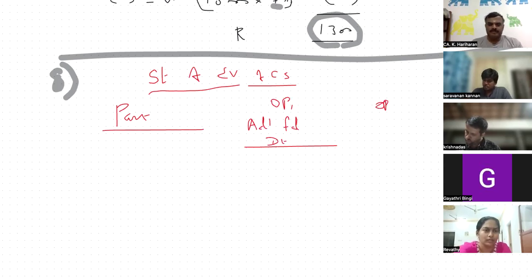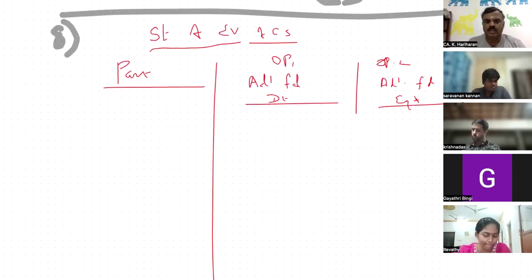Shall we start? Is return on capital employed there? How much is the original capital employed first? What is the current capital employed, kanna? Is it given or not given?